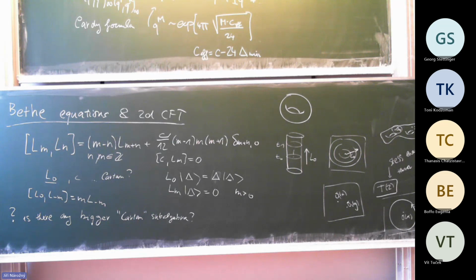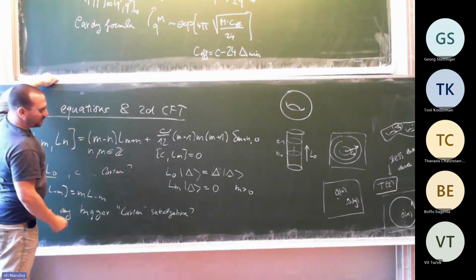So what I do, character or trace? I think I would call it a character, but it is a trace of this Q to L0, no? Directly, not regularized. I mean, Q regularizes it. Okay, so I need Q to be in the interval 0, 1, or in the unit disk, in order for this to converge.